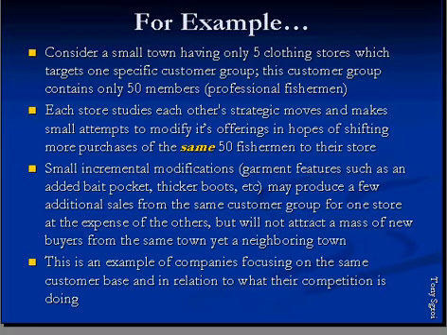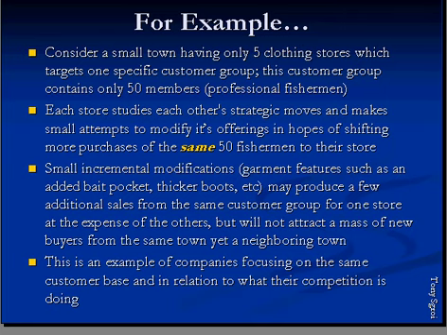For example, consider a small town having only 5 clothing stores, which target one specific customer group. This customer group contains only 50 members, in this case, professional fishermen. Each store studies each other's strategic moves and makes small attempts to modify its offerings in hopes of shifting more purchases of the same 50 fishermen to their store.